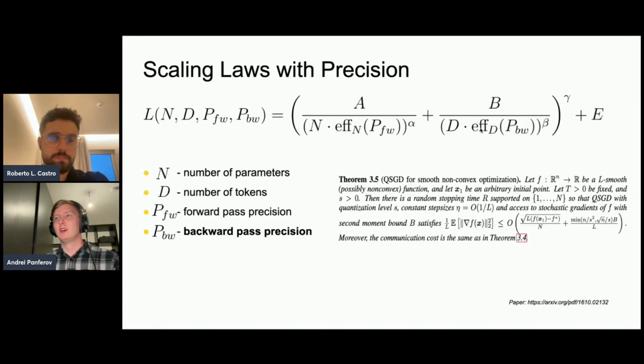And from the optimization theory literature, we know that under this noise the convergence can still occur to the same loss, but it would be lower for noisier gradient estimations.